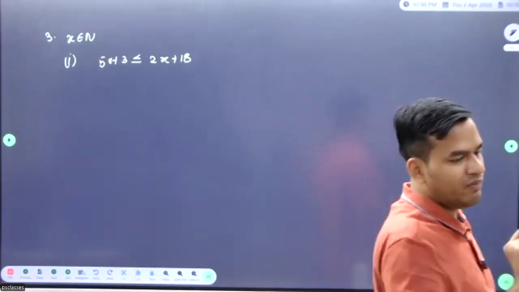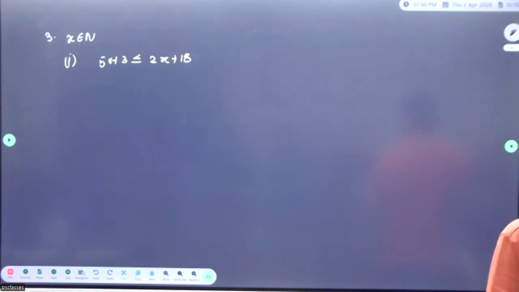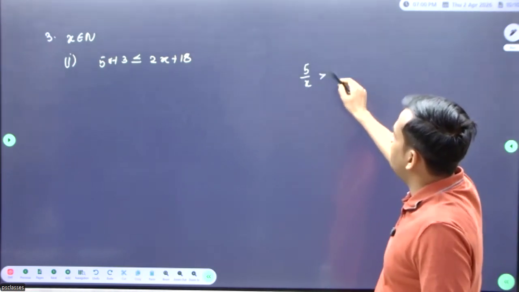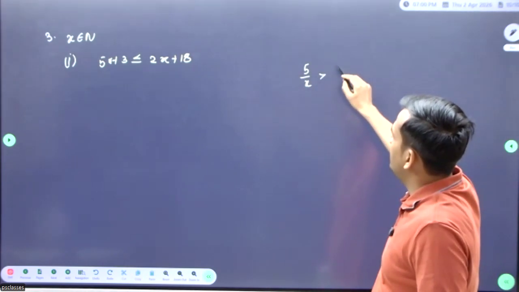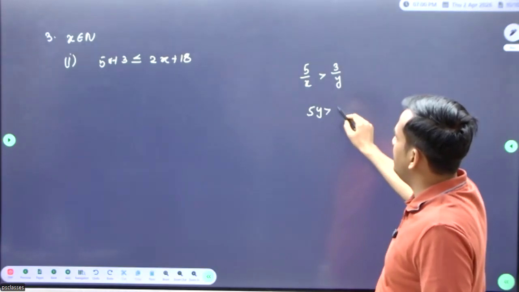You can move x from this side to this side, a constant number from this side to this side, but you cannot cross multiply in inequalities. Remember, we can only multiply with positive numbers. We cannot multiply by the variable. Suppose 5 upon x is greater than 3 upon y, we cannot write it as 5y greater than 3x.